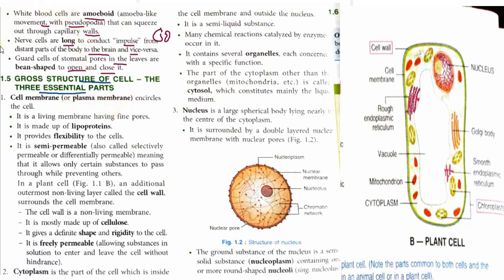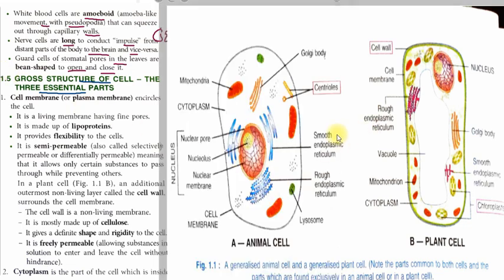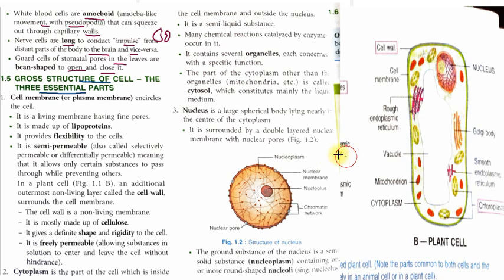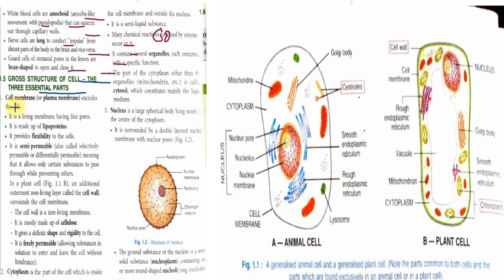So students, the three essential parts of the cell are the cell membrane, or we can call it the plasma membrane, second is the cytoplasm, and third is the nucleus, right?